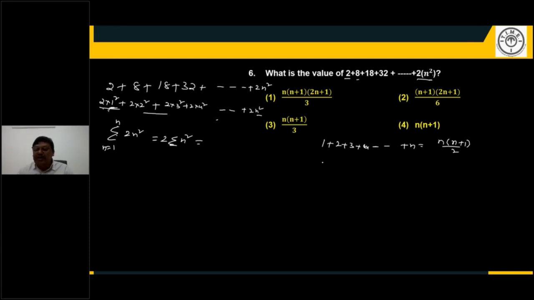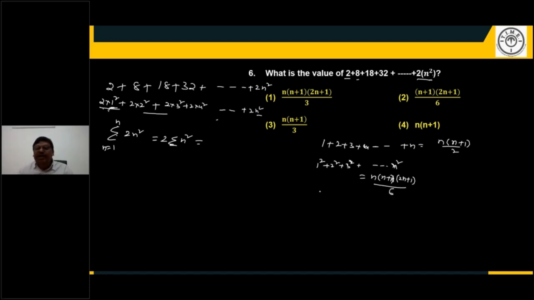Similarly, 1 square, 2 square, 3 square up to n square: the sum of n squares is n into n plus 1 into 2n plus 1 by 6. I'm sure you know these rules.